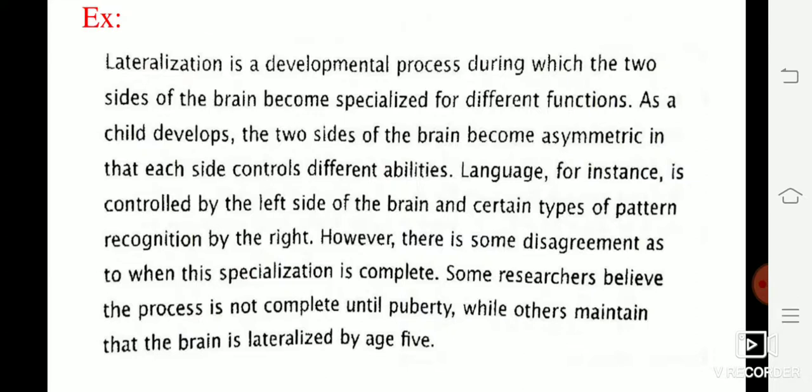Language, for instance, is controlled by the left side of the brain, and certain types of pattern recognition by the right. However, there is some disagreement as to when the specialization is complete.